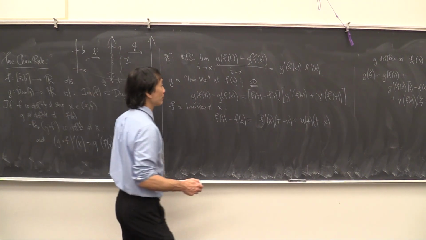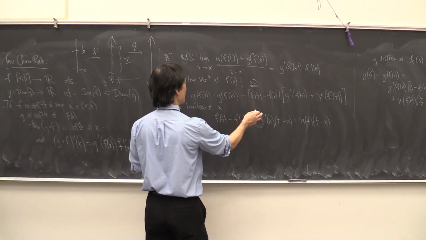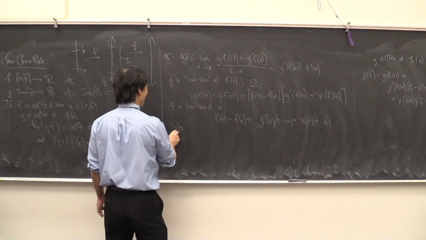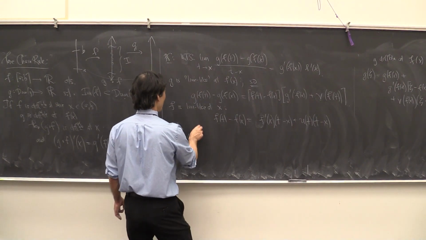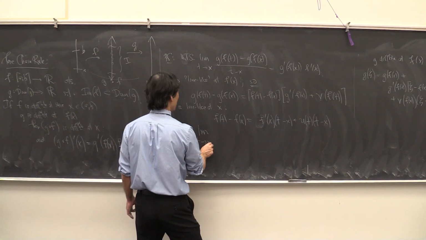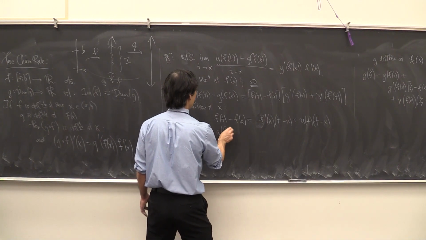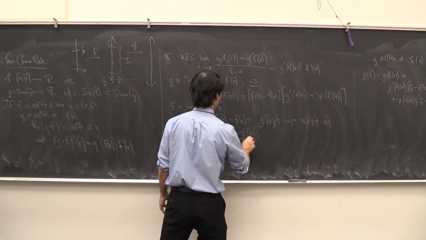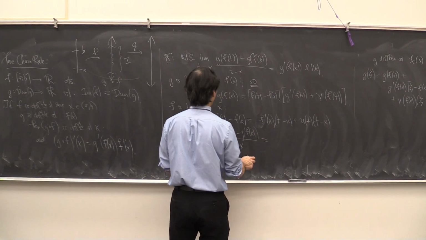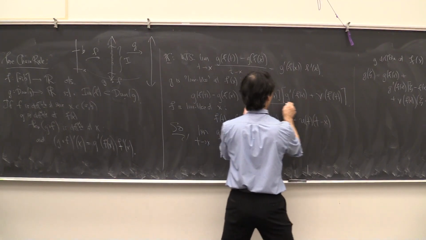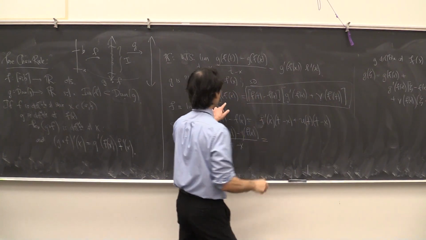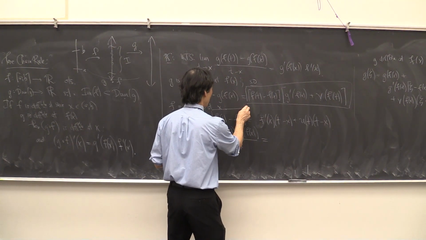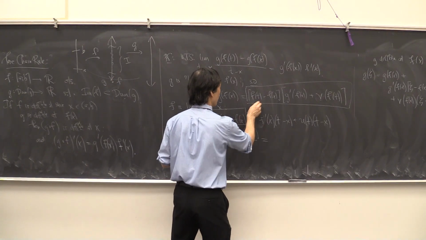Okay. So now let's put this all together. The limit, as t approaches x, of g of f of t minus g of f of x over t minus x, well, that's this thing. The numerator is this thing. I'm going to substitute in this here for that.